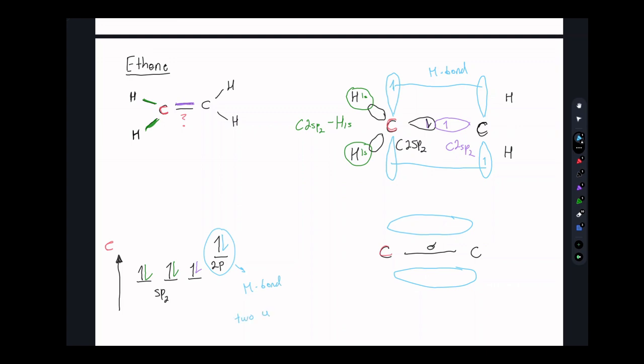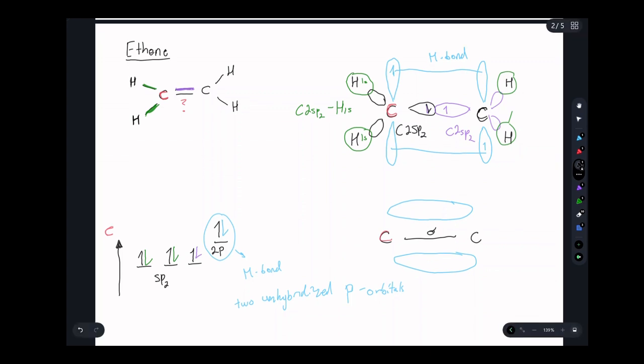This carbon, of course, has its own sp2 orbitals interacting with the hydrogen, which would fully represent the orbital diagram of ethene. Hopefully now we have a better understanding about what makes a sigma bond between hybridized orbitals different from a pi bond between unhybridized orbitals.